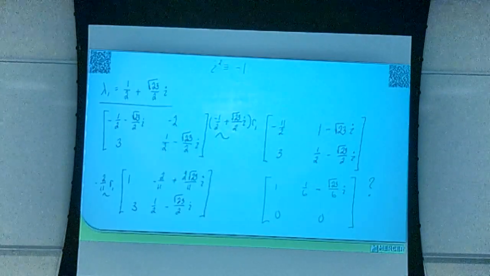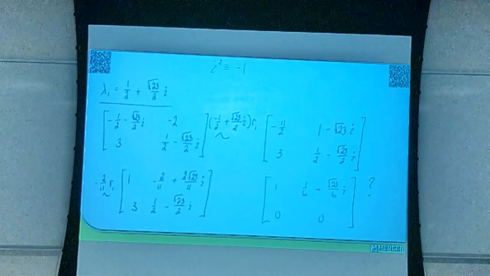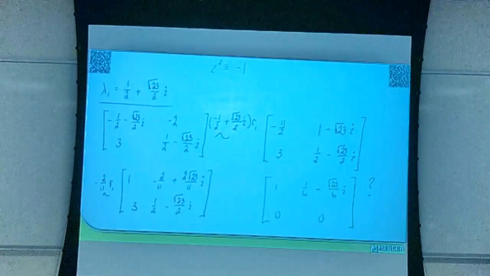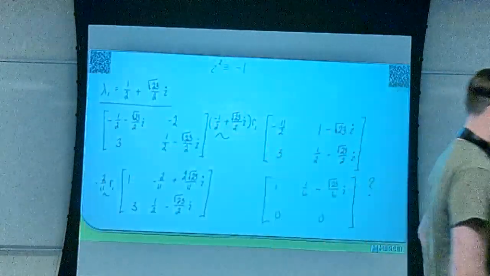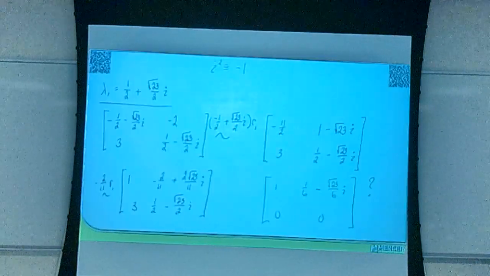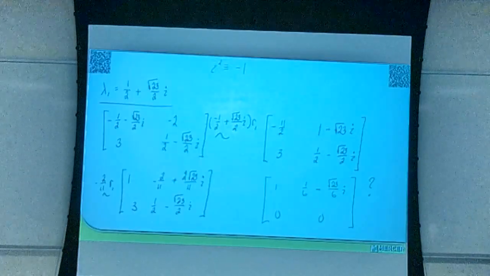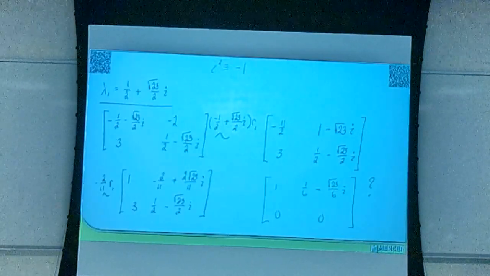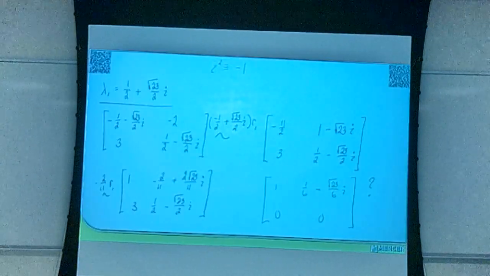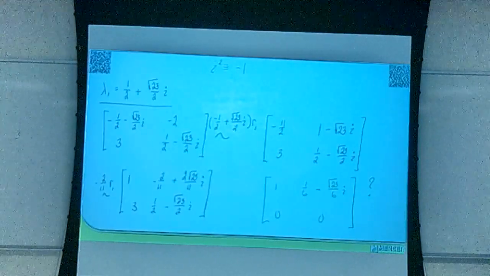Way too long, this stuff, complex matrices.